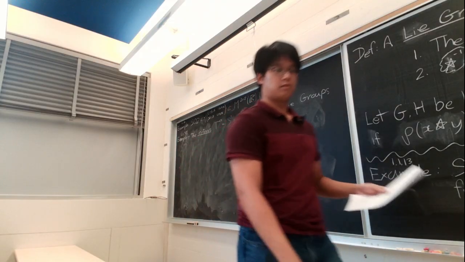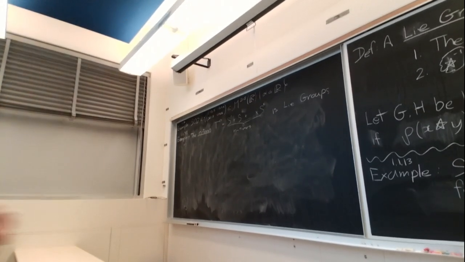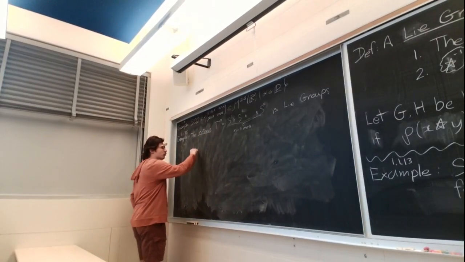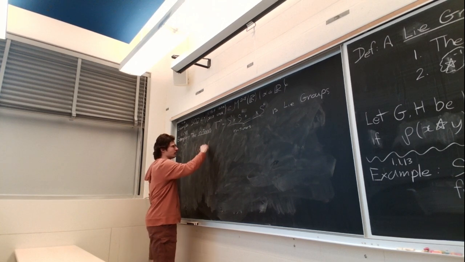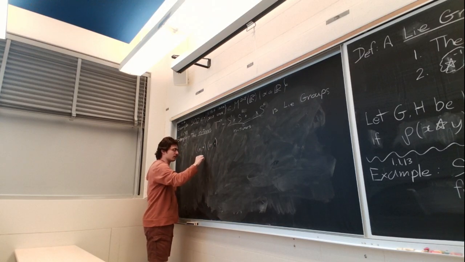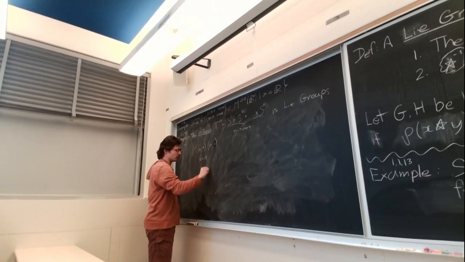But they have to have the same operation? No, they could have different operators. So how do you define the operation? I'll just write this down quickly. If I have a group G with some operation star, and then I have some group H with some operation, I don't know, dot, then I can look at G cross H, where each element is a pair (g, h).